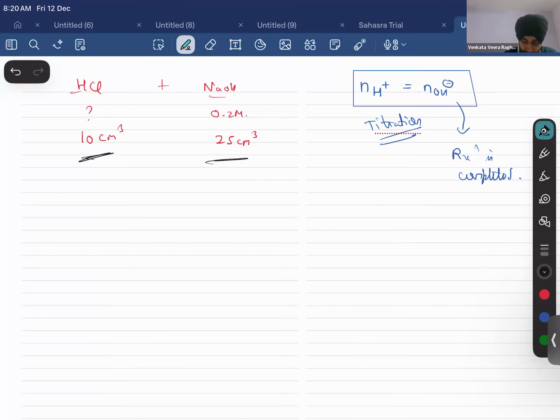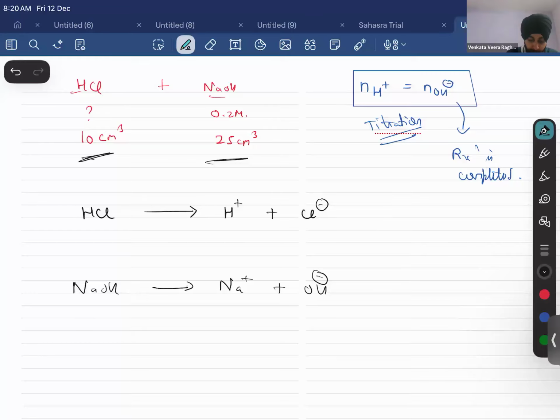Okay, do you know one thing? I will first ask you this. HCl is an acid which in water will get dissociated into H plus ions and Cl minus ions because it's a strong acid. NaOH is a strong base, so in water it will also get dissociated into Na plus and OH minus ions. Now they are saying that we are having 0.2 molar NaOH.